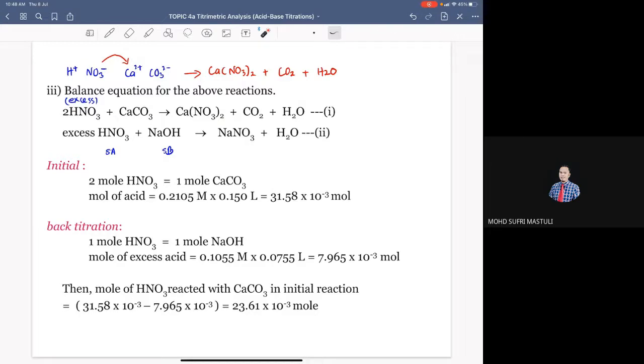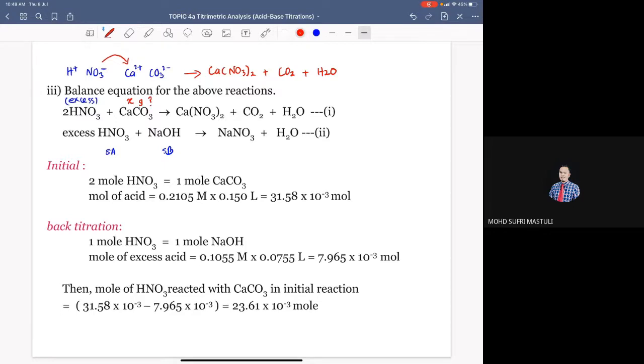Okay, so first we have to know the mole of acid in the first titration. Okay, we have to know the mole of this acid, because at the end of the calculation we want to know how many grams of this chemical.